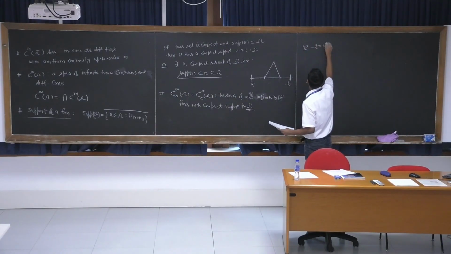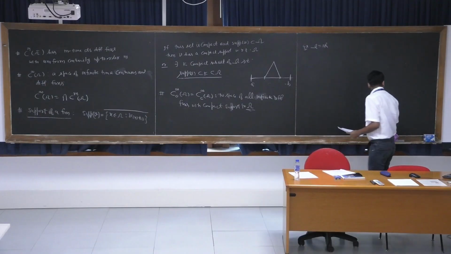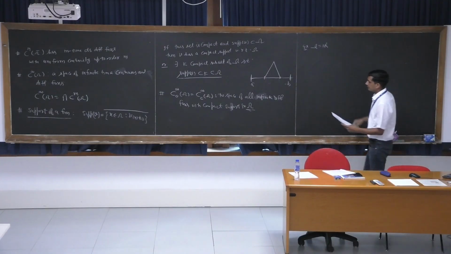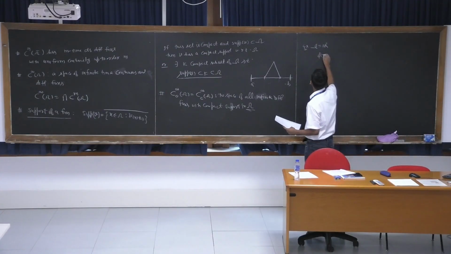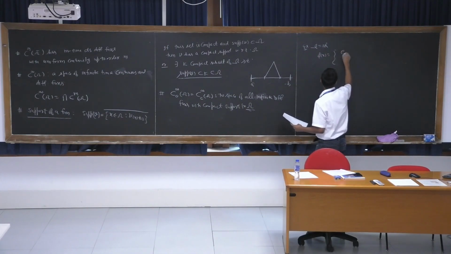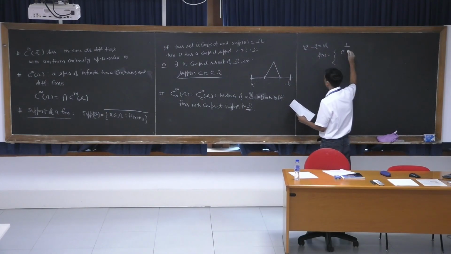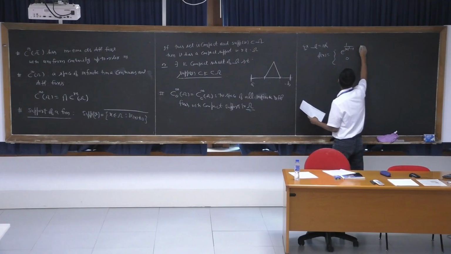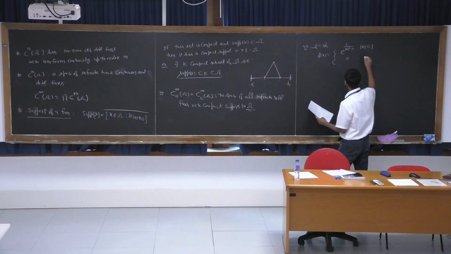This is R. R is the domain, and phi of x, I'm saying phi of x is equal to e to the power minus 1 by x square minus 1, for mod of x less than 1.